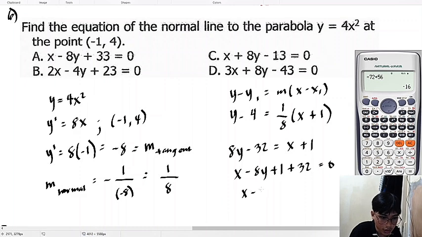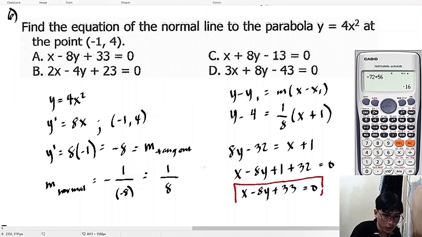So x minus 8y plus 33 equals 0. So that will be the equation of the normal line to the parabola y equals 4x squared at the point (-1, 4). So this will be letter A.